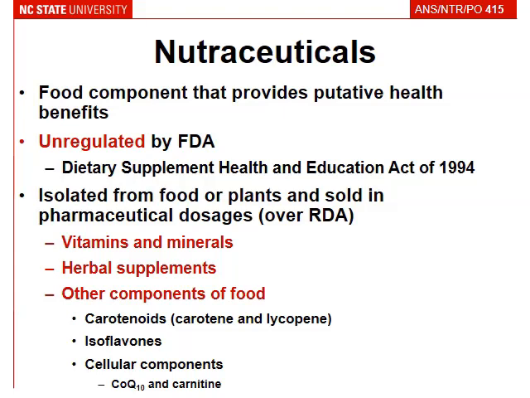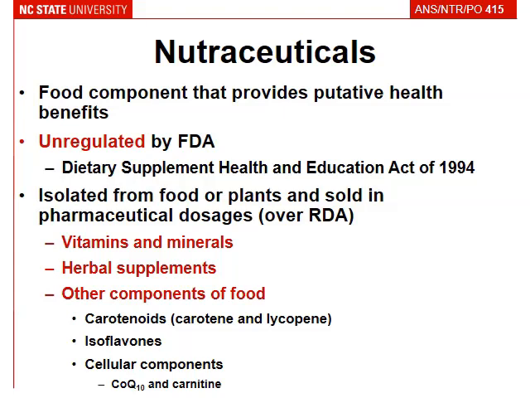So many of these nutraceuticals have isolated a specific component from a food or a plant, and these are typically foods or plants that are healthy, and they sell that isolated compound from that food or plant at a pharmaceutical dosage. So it's significantly over the RDA. In addition, if it's a vitamin and mineral, it's going to be at very high levels.